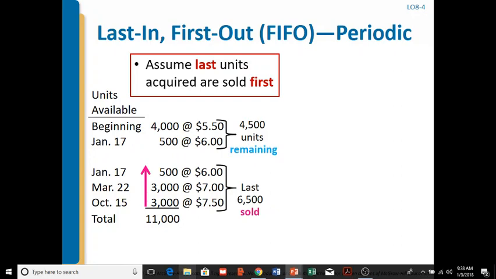And so you're going to multiply those number of units times the unit cost for each layer to come up with cost of goods sold, and the same for ending inventory.